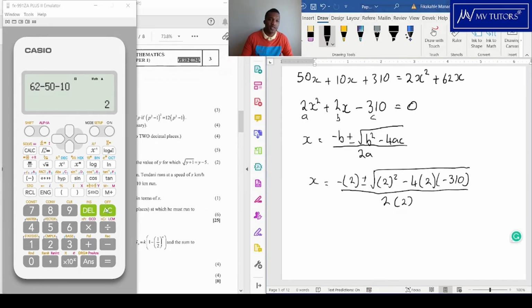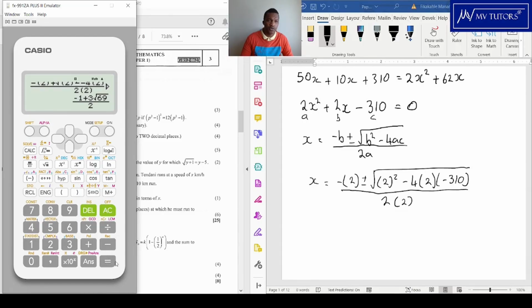Now we want to put this in our calculator, so let's do that. Minus, open the bracket, put 2 exactly as it is, plus square root, open the bracket, put the 2, close it, square it, minus 4, open the bracket, put a 2, close it, open it again, put a negative 310, close it, come downstairs, 2, open bracket, 2, close it.